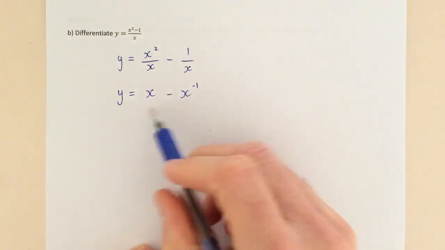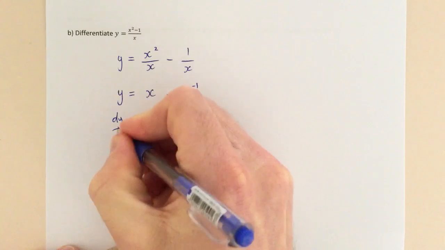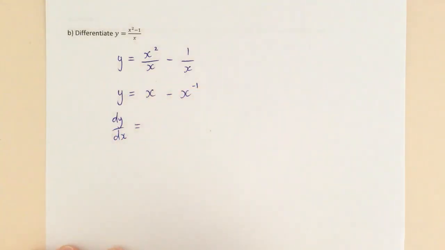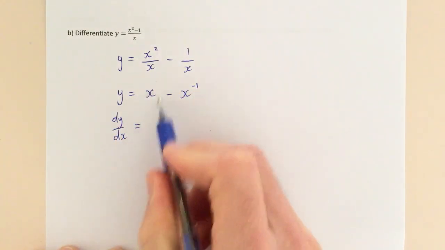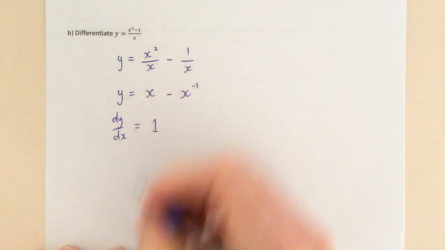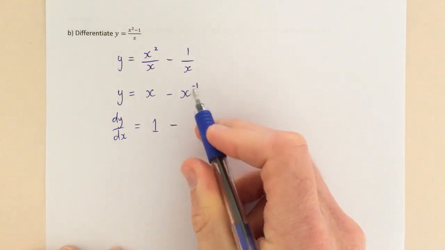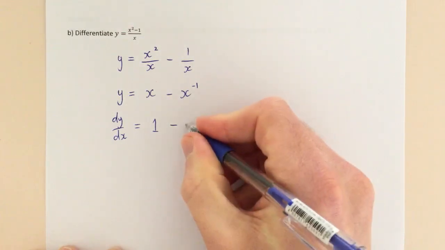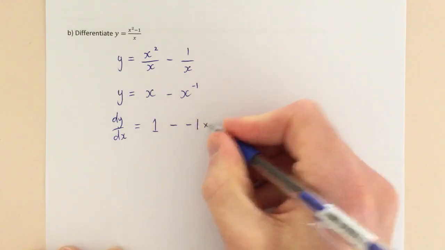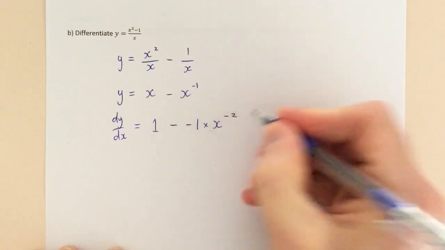Now I can see what the powers are for each term, so I'm going to differentiate. dy/dx, the derivative of y, will equal the derivative of x, which is just 1, minus the derivative of x to the power of negative 1. If I multiply by the power, I get negative 1 times x, and then subtracting 1 from the power, that becomes negative 2.